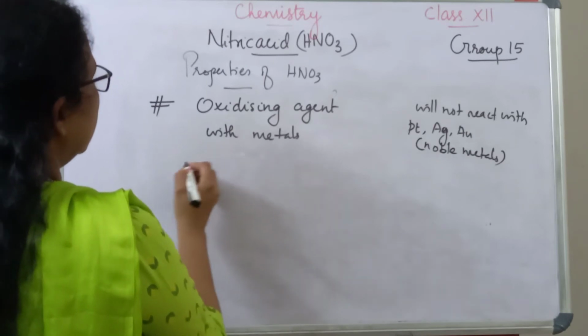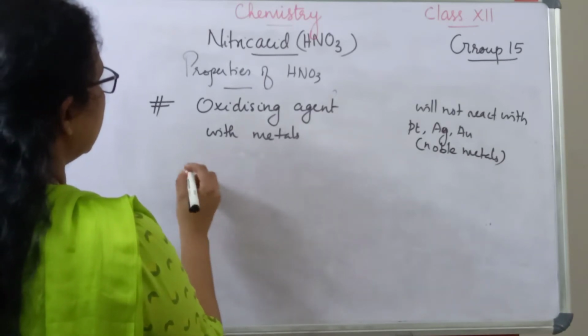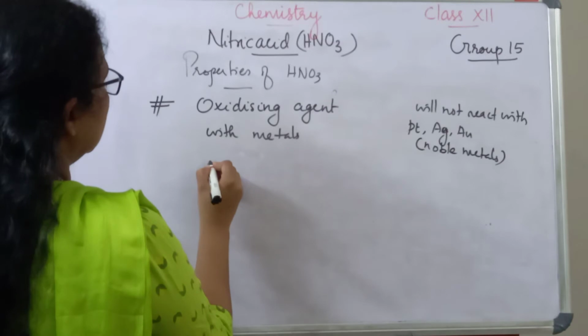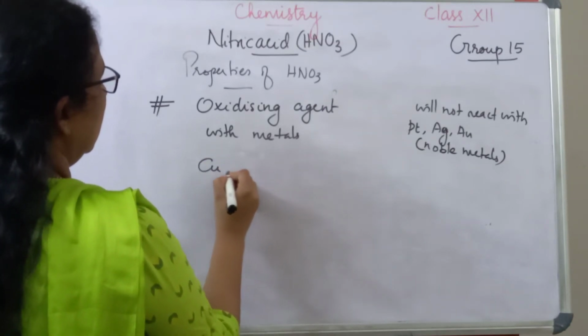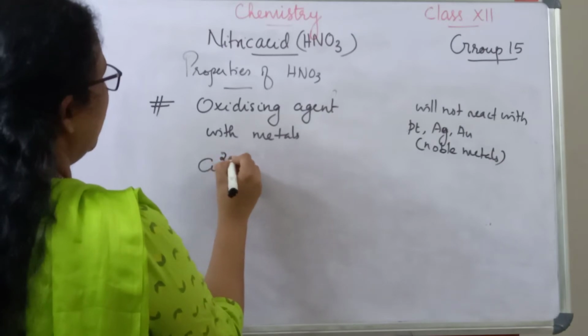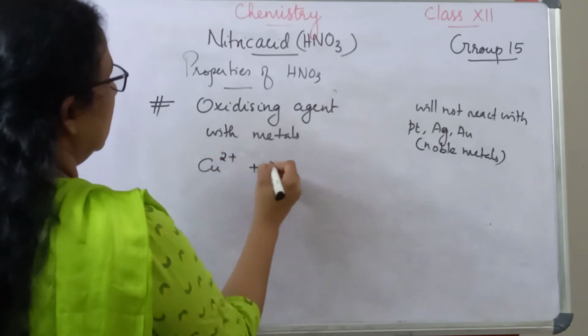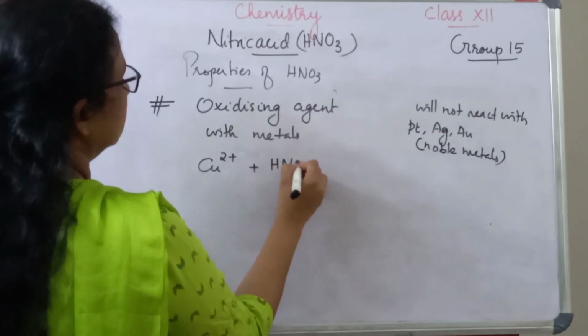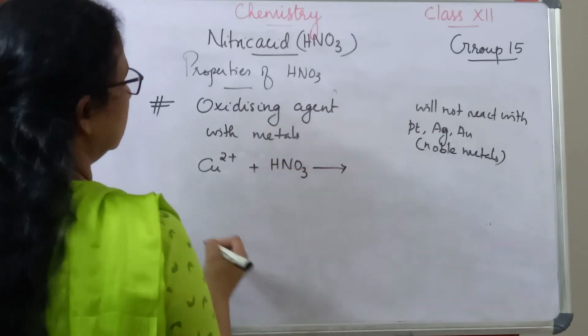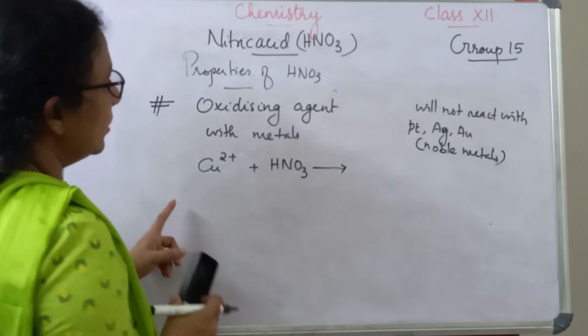So we can write the equation. If it is copper, Cu plus HNO3.